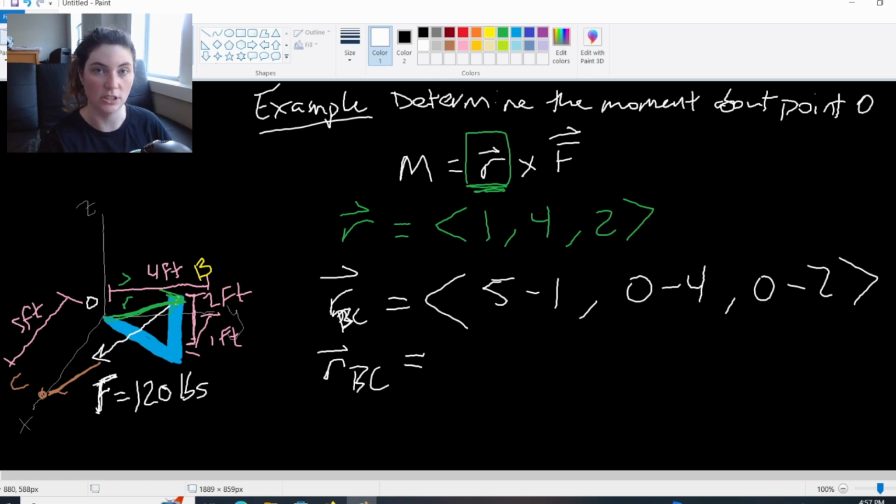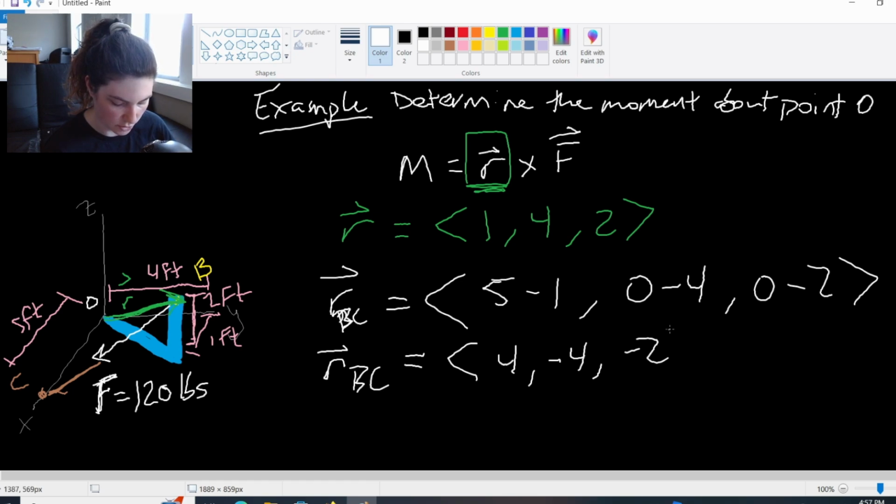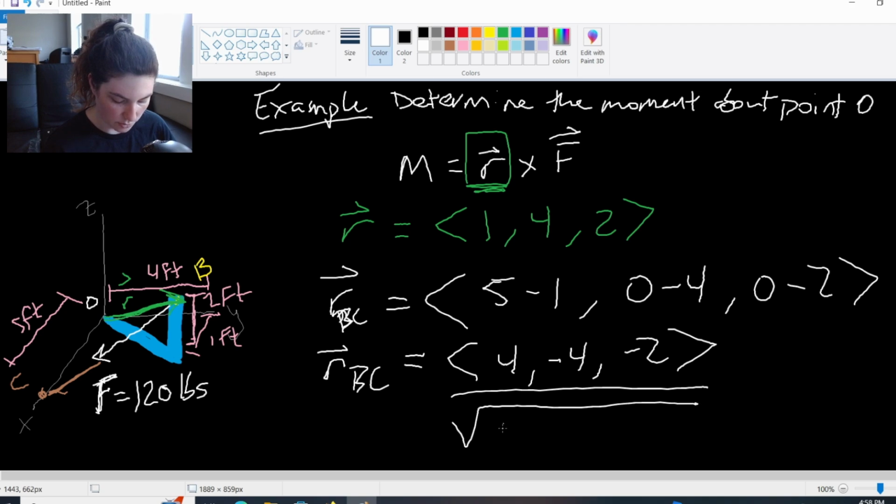The line of action of the force can be represented by this position vector 4, -4, -2. And to turn that into a unit vector, all we do is divide by the magnitude, that is, the square root of 4 squared plus 4 squared plus 2 squared.